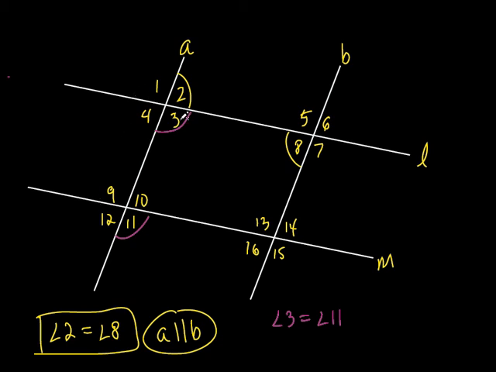L and M, right? Because look, angle 3 hits L and angle 11 hits M. Transversal is A, so L must be parallel to M, and that would be your answer. So you're going to get some problems that kind of look like that. Hope you guys are paying attention. All right. Does it make sense?